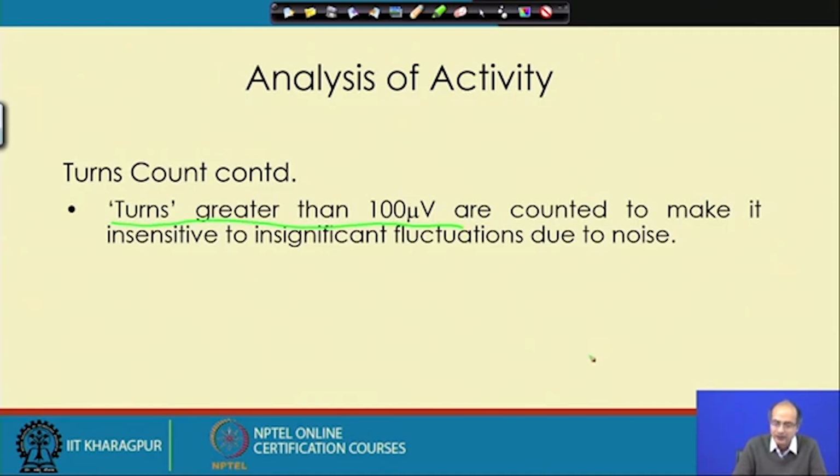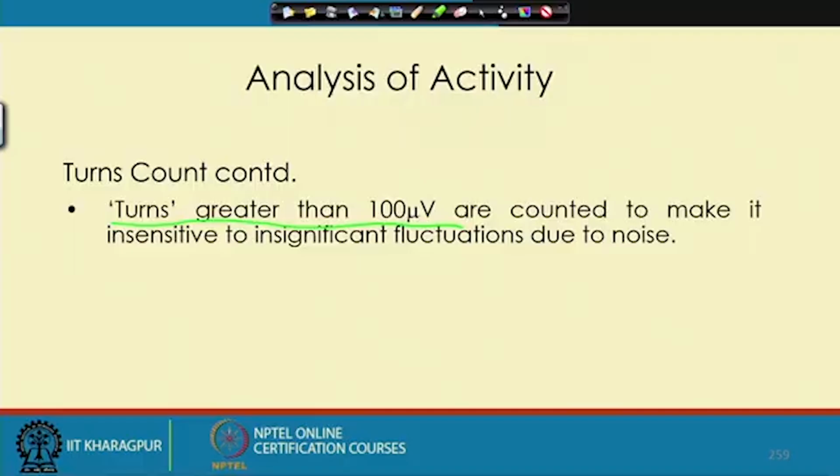So, if there is noise which is all the time there and we cannot avoid it, what we can do is keep a high threshold, which means only the prominent turns should be counted, and if we can avoid the small turns or small kinks in the signal, then we can get rid of much of the effect of this noise.